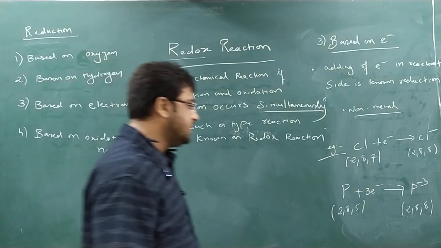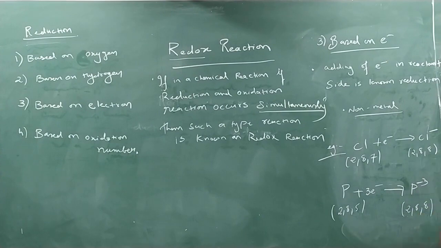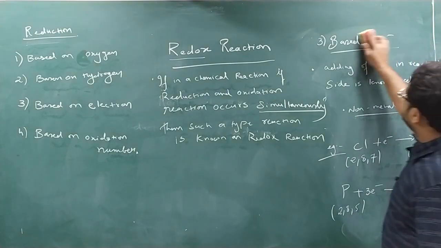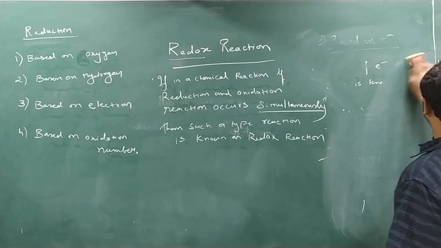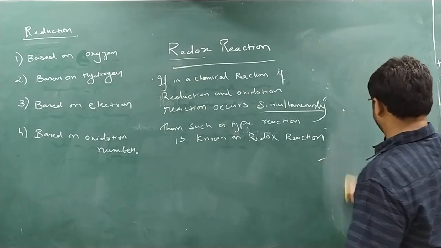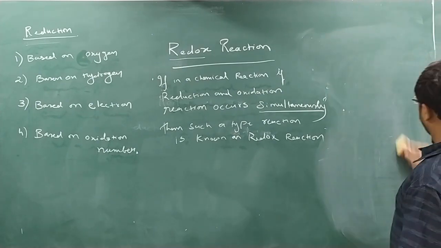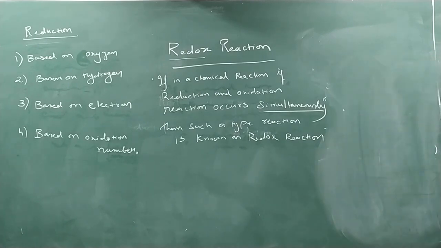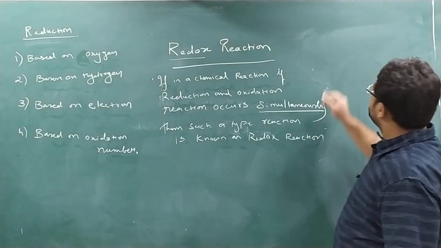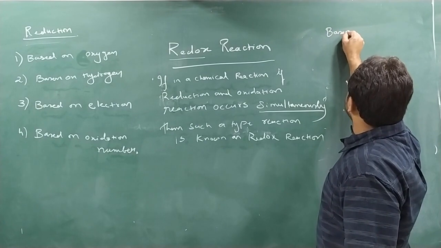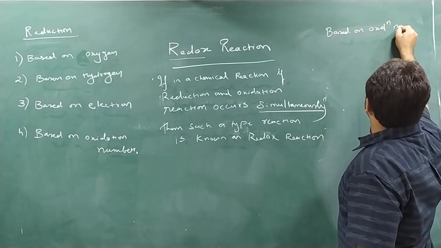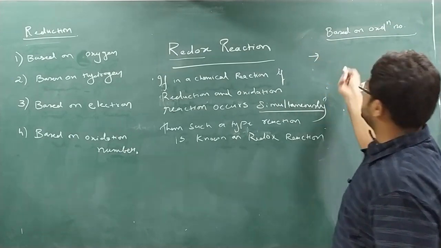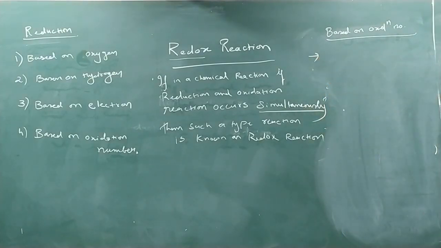The next we will go to the oxidation number. So next is based on oxidation number. I will discuss oxidation number after this topic only. For reduction we have to write down the definition.